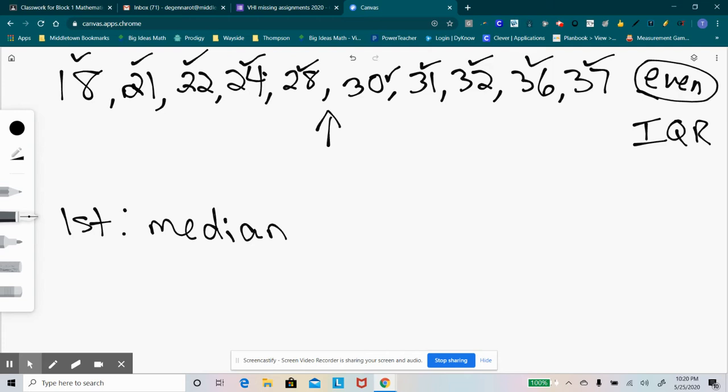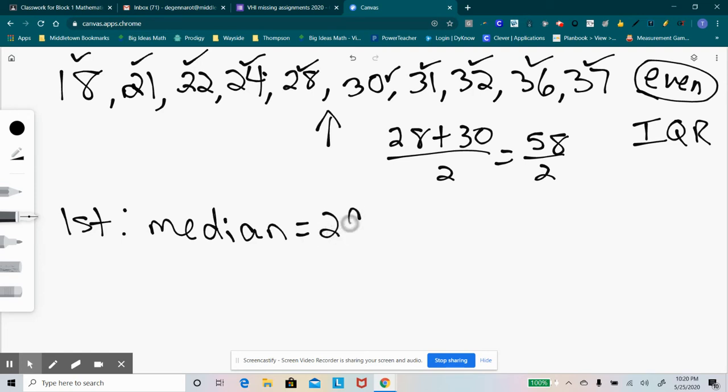So our median, if you recall, we want to do 28 plus 30, and then we want to divide by 2. So we're going to say 58 divided by 2, and we should get 29. So our median is 29.